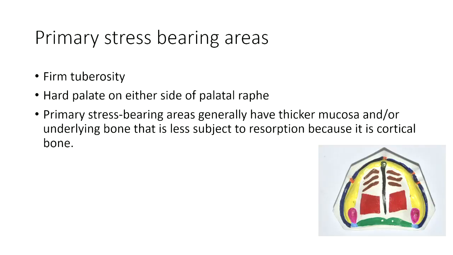The primary stress bearing areas in the maxilla, as we said, are the maxillary tuberosities, then the hard palate on either side of the palatal raphe, and the primary stress bearing area generally has a thicker mucosa, and underlying bone is less subject to resorption.